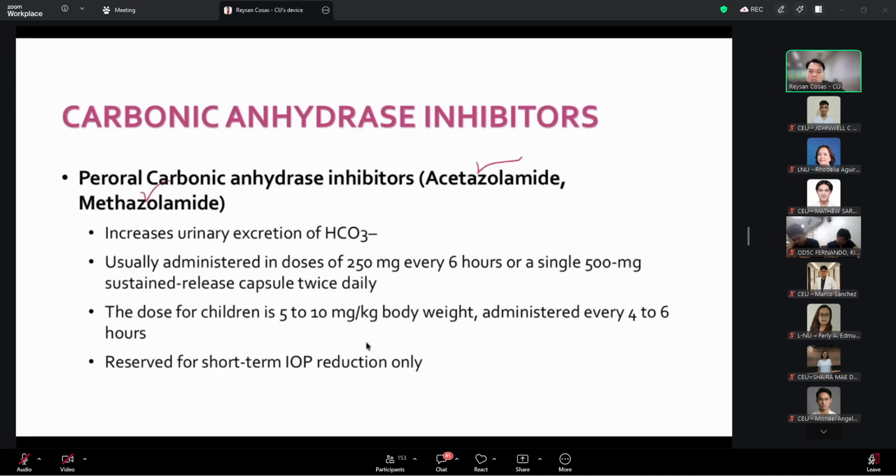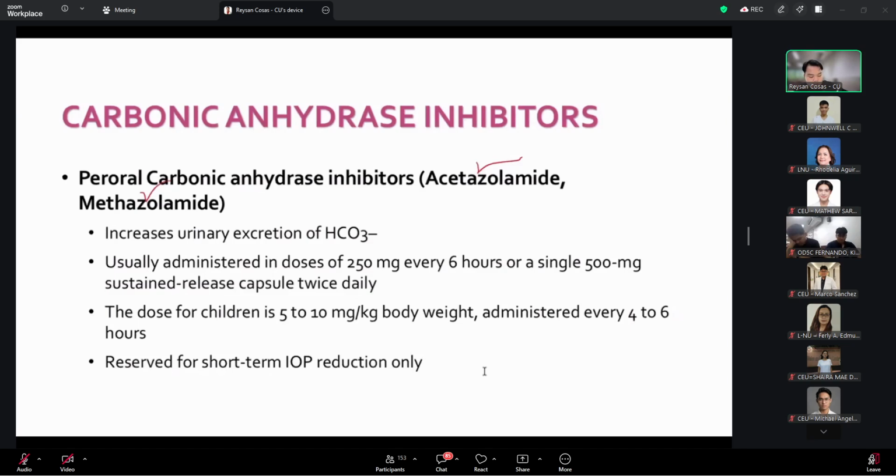and methazolamide. So, pag tinake mo daw po sila, okay, as a capsule or as a tablet, anong ginagawa nila? So they act on your kidneys, mga doc, okay? Aside from the eyes. So nag-a-act din sila sa kidneys.